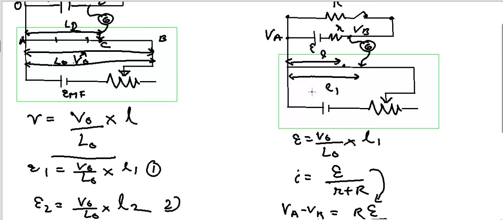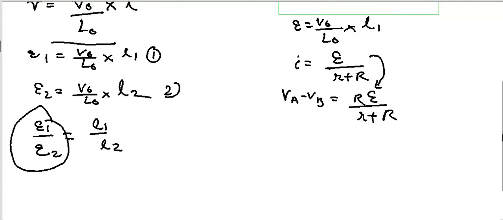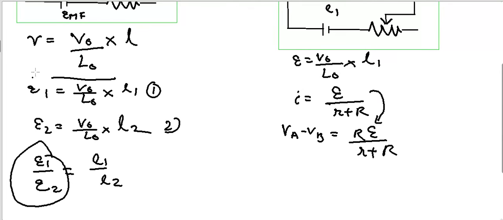So now if we use the formula for the potentiometer again, VA minus VB, which is the potential difference, is equal to V naught by L naught. Now the new point is L2.